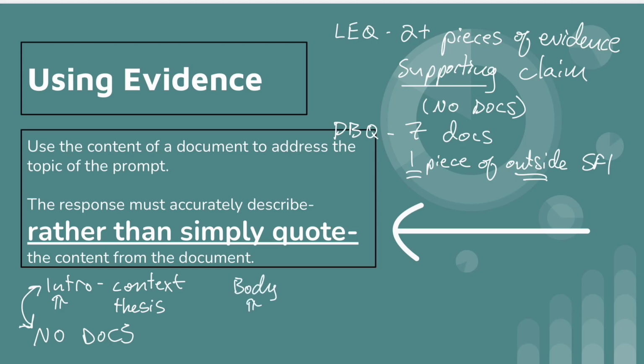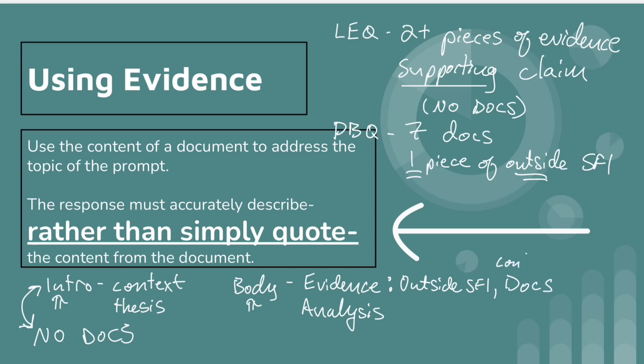Okay, then you move into the body paragraphs. And in the body paragraphs, you're going to get evidence points and analysis points. So the first evidence points we're going to talk about. Number 1, you have one piece of outside evidence, not in the documents. And then you have to actually use the documents.